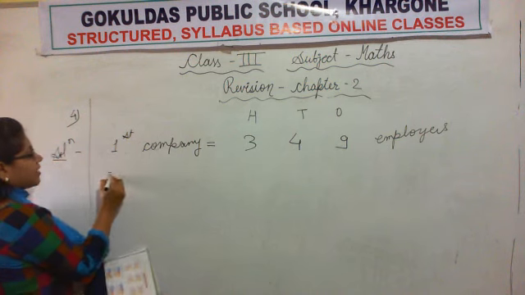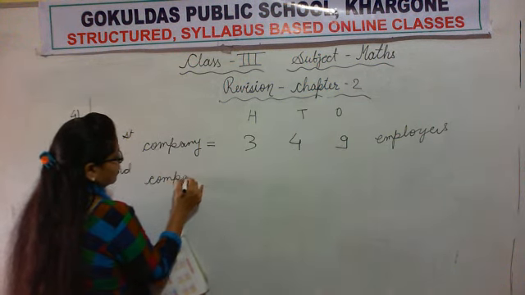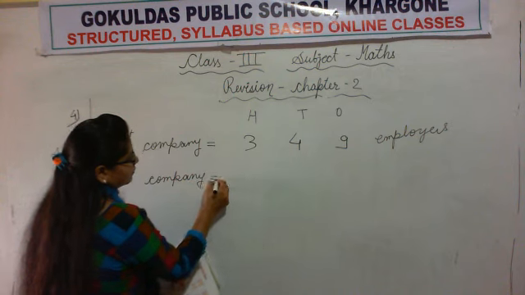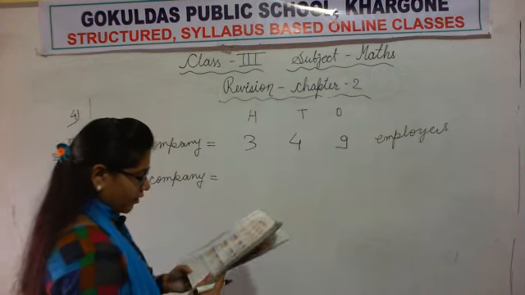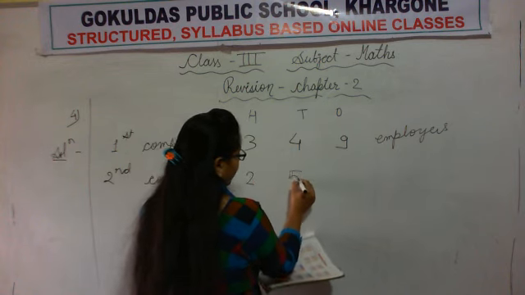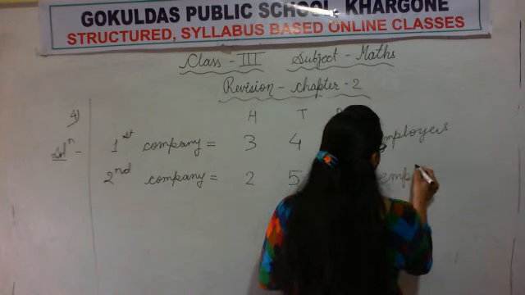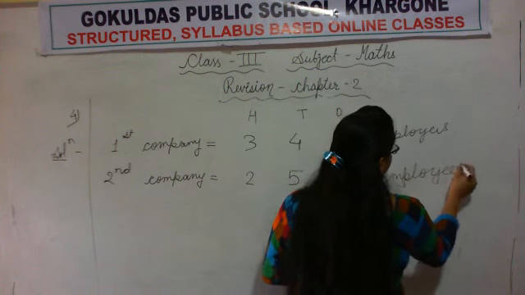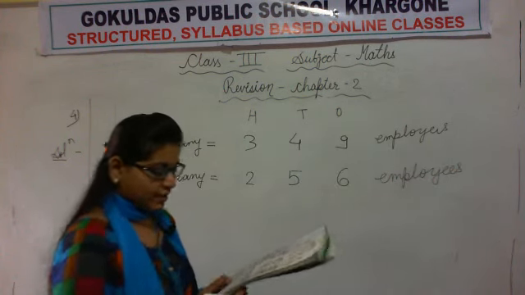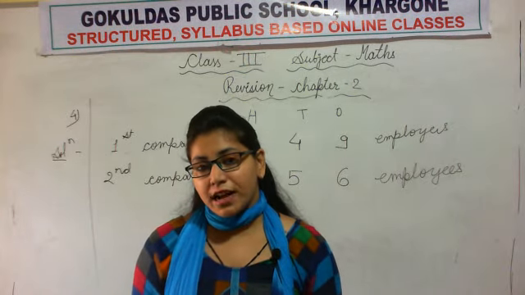Now what about the second company? Let's write about the second company. 256 employees. 256 what? 256 employees. Now find the total number of employees in both the companies.